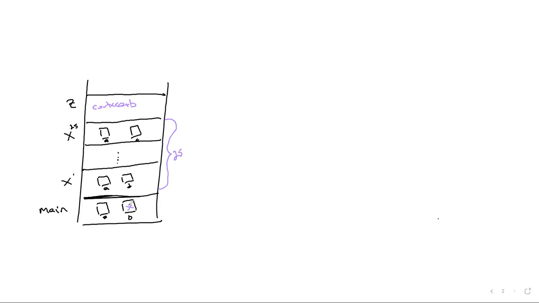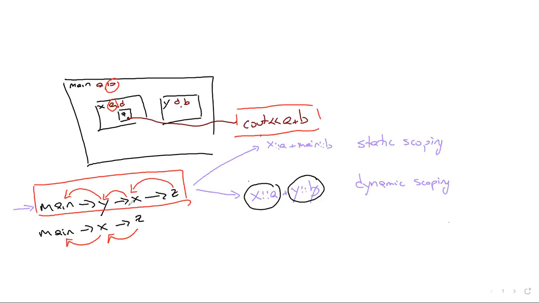Because if we look again at our previous picture, in order to be within the scope Z, you had to be within the scope X, which had to be within the scope main, because otherwise it wouldn't be accessible. For example, the scope Y cannot call Z. Z is a scope within X. So Y cannot actually access Z.